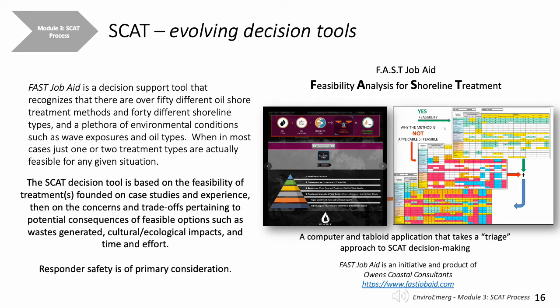The FAST decision tool is a field application that can be referred to at the shore being assessed. The key to having a field-based decision tool is that now you have a means of structured collaboration with representatives engaged in the SCAT process and assessments, rather than just relying on the word of a SCAT coordinator or lead.